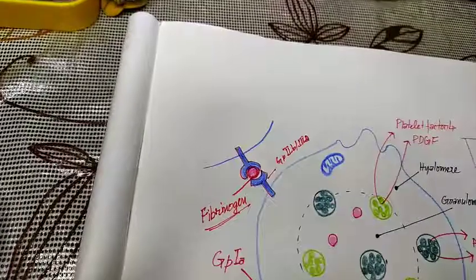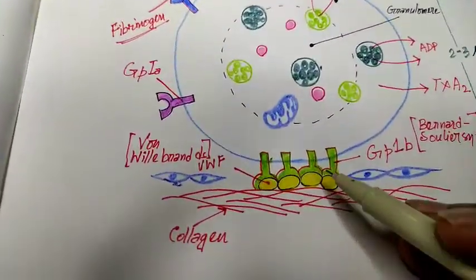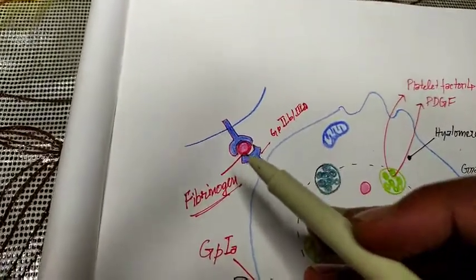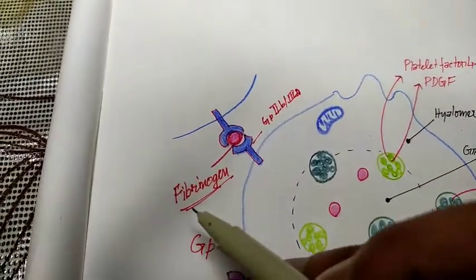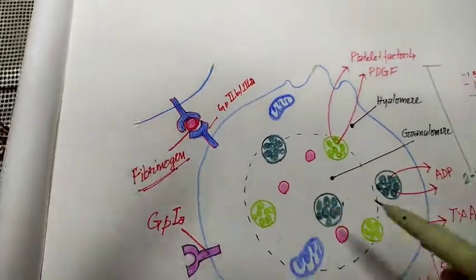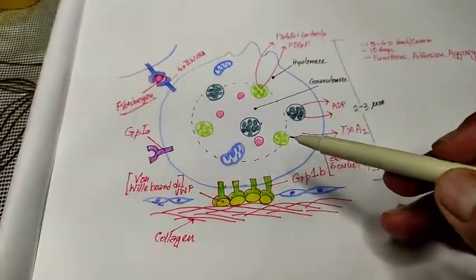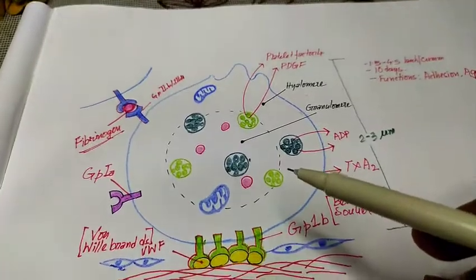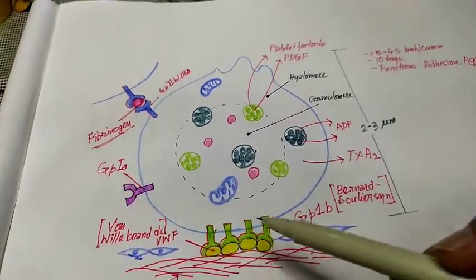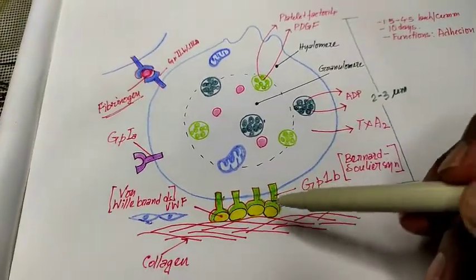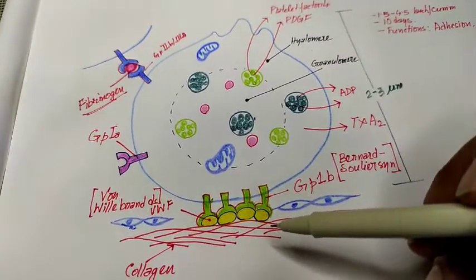So for the process of adhesion there is requirement of von Willebrand factor, and for the process of aggregation there is requirement of fibrinogen. So in a simpler way, for the process of hemostasis, first there has to be adhesion. That means the platelet has to attach itself with the subendothelial collagen.